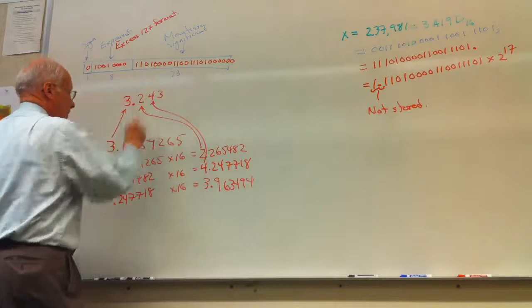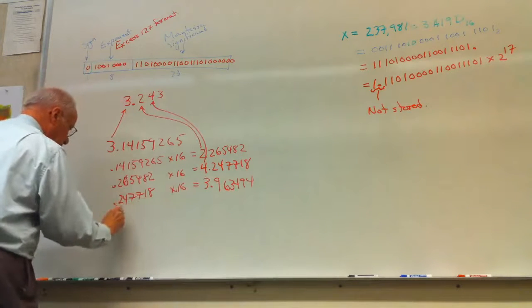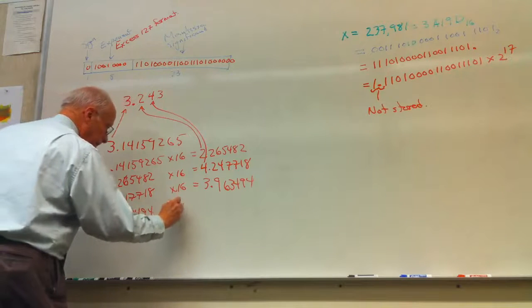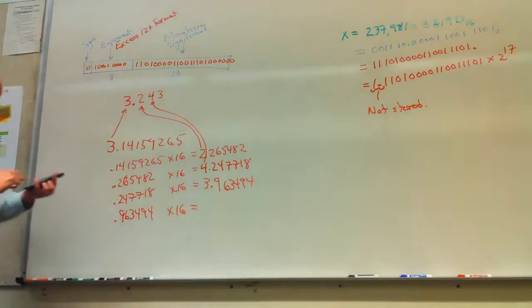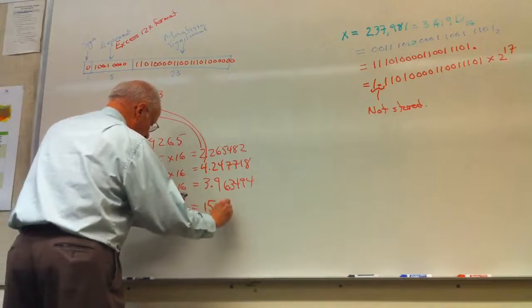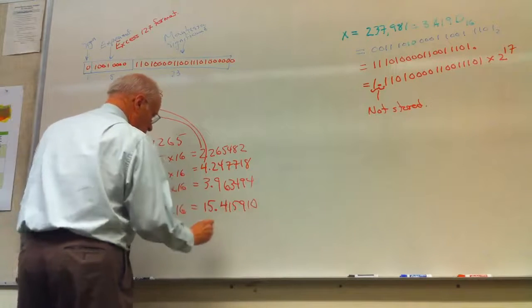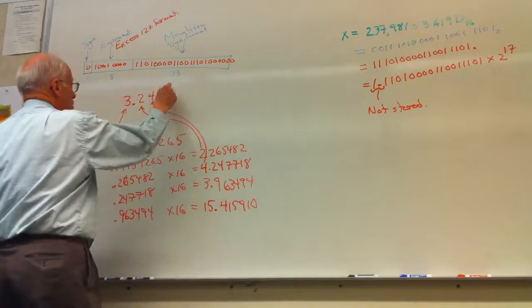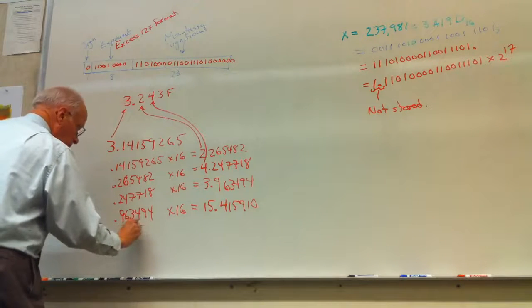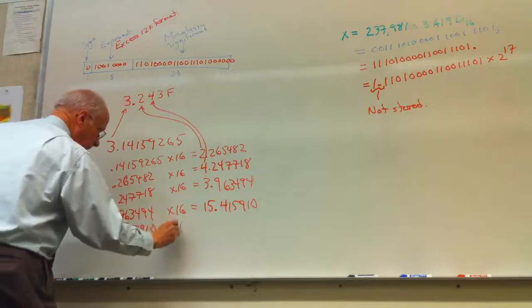Take the 3, and I get 15.415910. Take the 15, which is an F in hex. Then 0.415910.